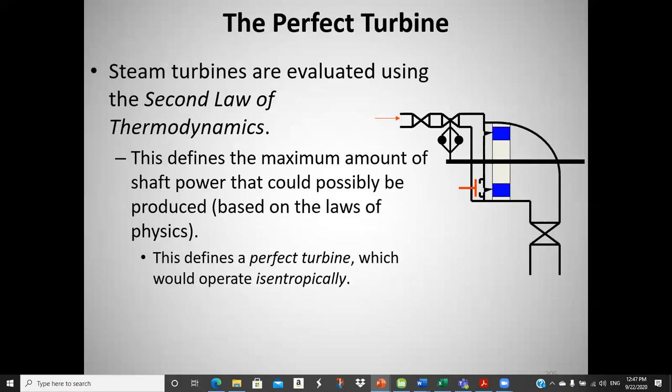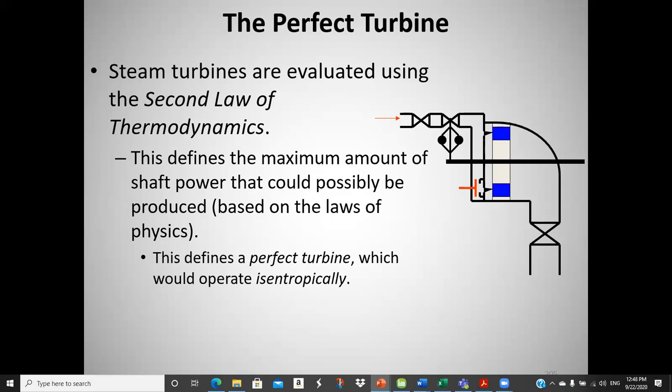So the efficiencies that we noted before are what? Isentropic efficiencies. Hopefully you remember this concept from your thermodynamics. An isentropic efficiency compares a real turbine to an ideal turbine that has no losses.